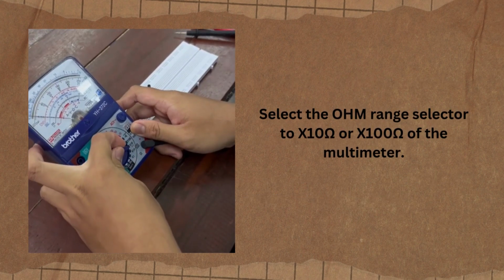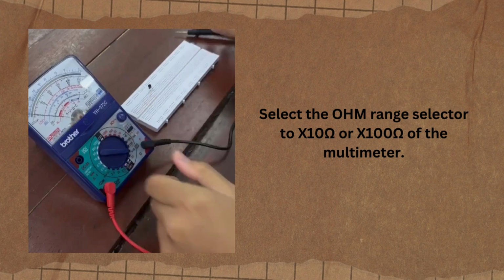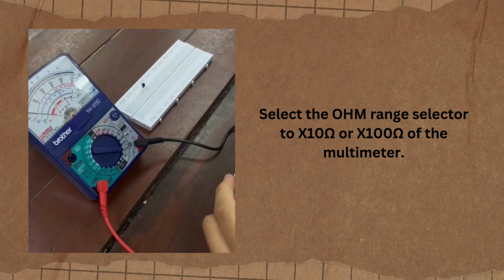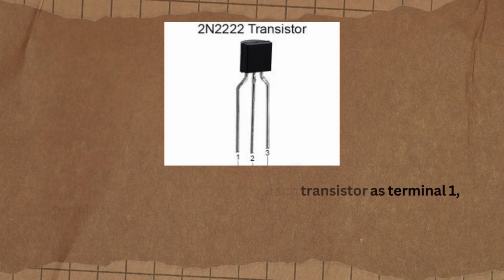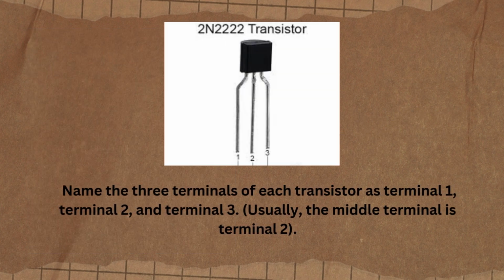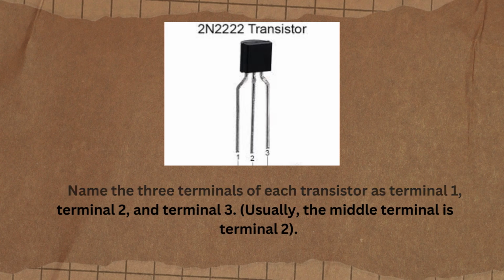Now select the ohm range selector to 10 ohm of the multimeter. Name the three terminals of the transistor as terminal 1, terminal 2 and terminal 3. Usually the middle terminal is terminal 2.